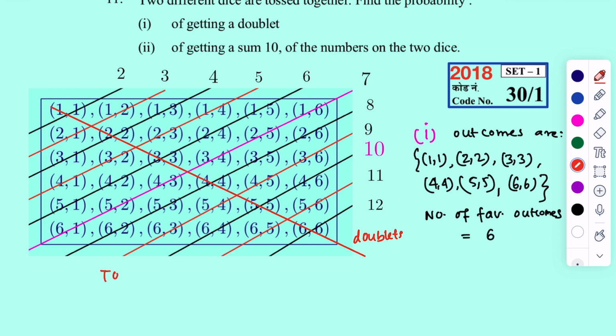So the total number of combinations or outcomes is equal to 36, starting from 1 1 up to 6 6.